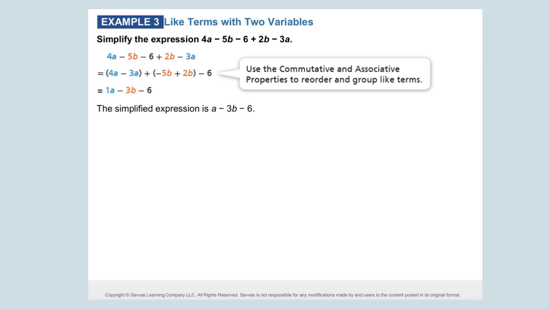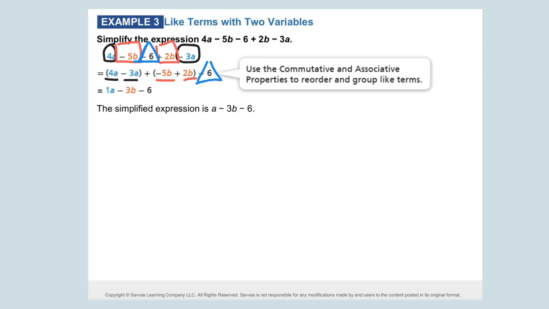All right, this is example number 3 on page 211. We're going to start off using that commutative property. We're going to take 4a's minus 3a's. We're going to take -5b's and 2b's. And we're going to end up with a -6. All right, commutative property just means I'm going to move them around.